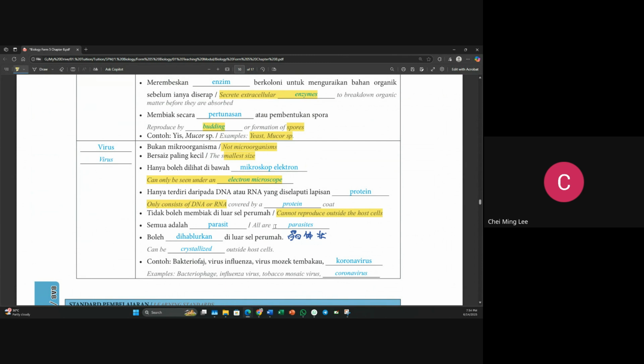Okay, so they are parasite and can be crystallized outside host cell. Means that make it like powder, like sugar, salt. They are crystallized. So for example, bacteriophage, influenza virus. Okay, like your COVID-19, they are actually part of influenza virus, tobacco mosaic virus, and coronavirus.